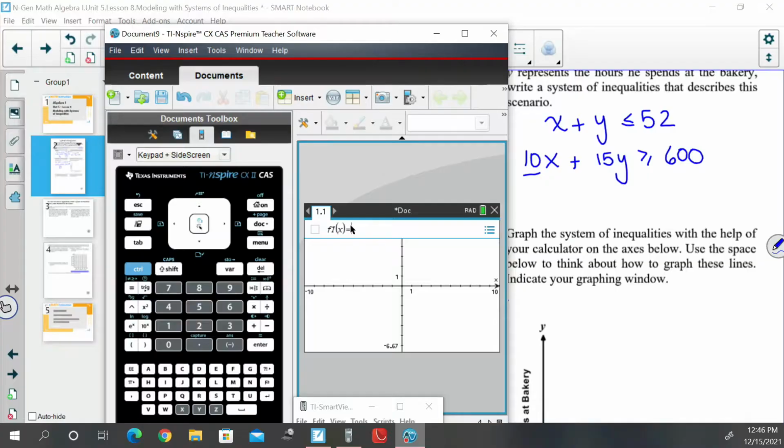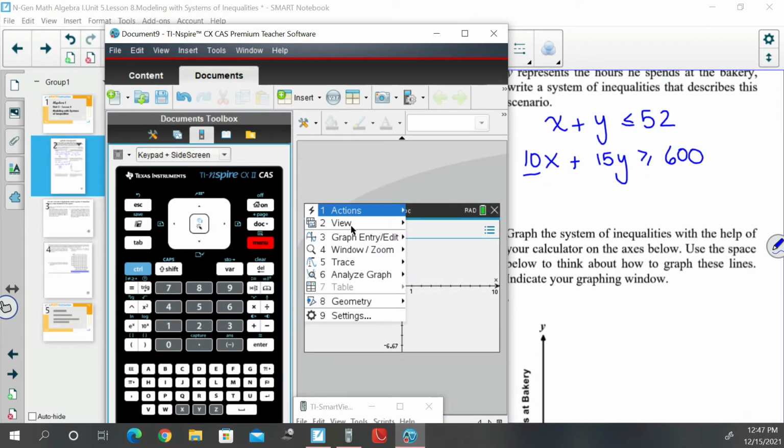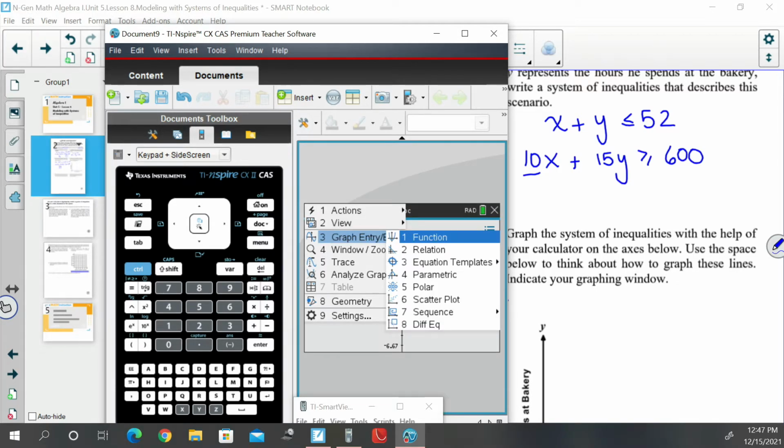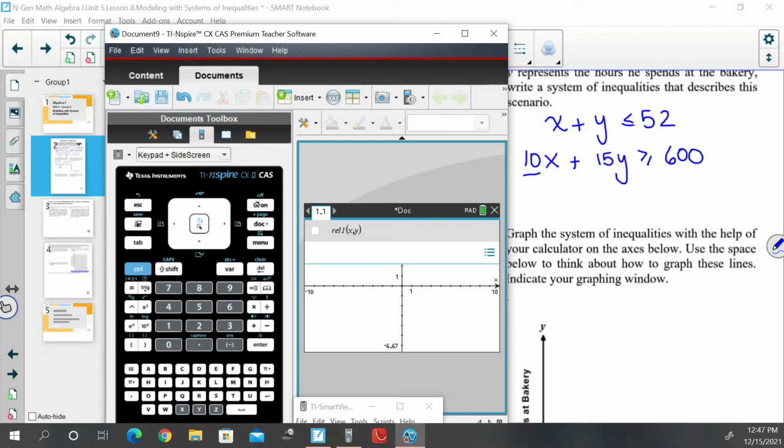Now the way that I do that is I hit my menu, go to Graph Entry Edit, and put in a relation. The first relation I'm going to put in is x plus y is less than or equal to 52.